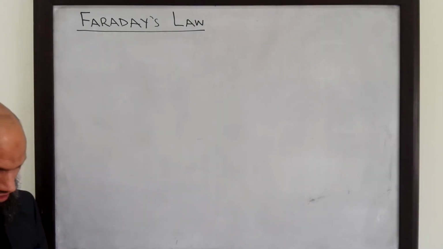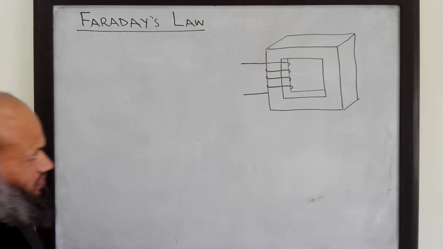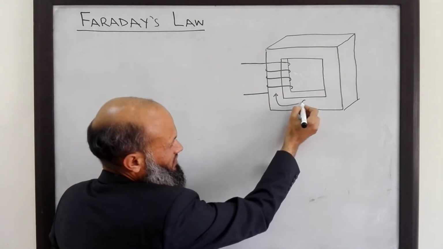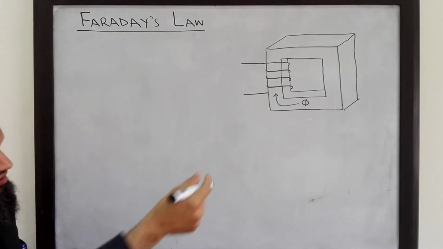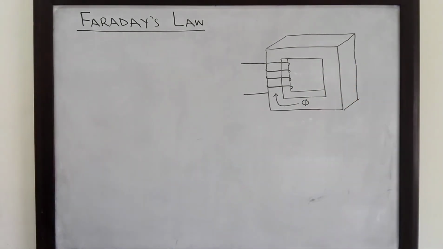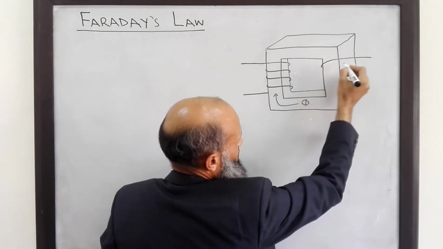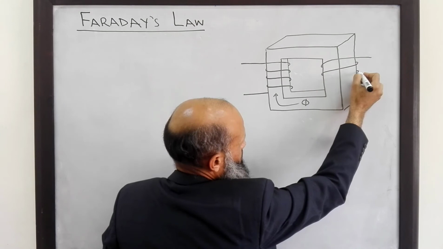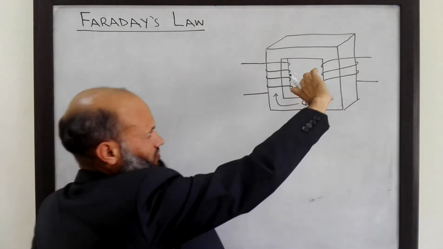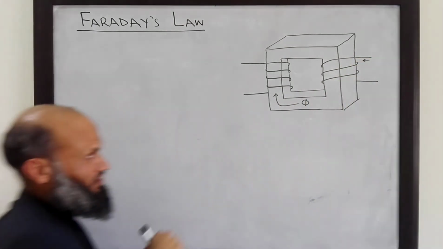Let's take one example. We have this ferromagnetic core, and in this core this flux phi is flowing in this direction. This flux may be due to some other winding, for example this winding over here, through which current is flowing, and due to current in these windings this flux is flowing.